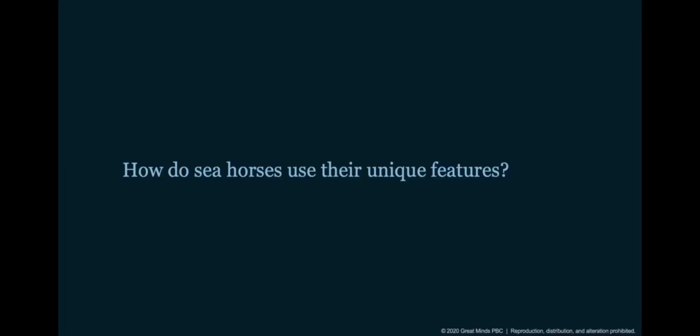But before we get into the lesson for today, let's take a moment to review the focusing question that we've been building knowledge to answer while we've been exploring the seahorse text. And that question is, how do seahorses use their unique features? One more time, how do seahorses use their unique features? And today you'll be writing about one of the seahorse's unique features as you work on your focusing question task.